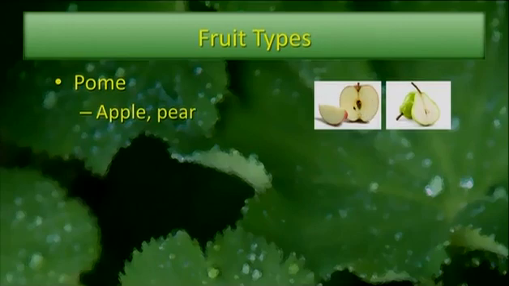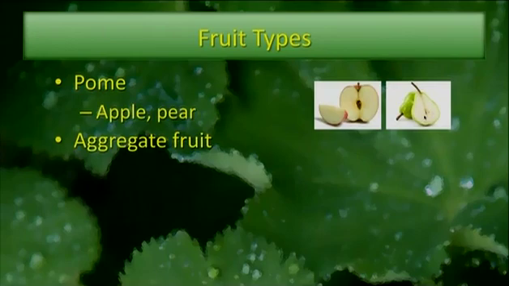This papery part here that we generally don't eat, with the seeds inside of it, is actually the ovary, just like this pear. So apples, pears, quinces, these are examples of pome fruits. This part is the part that we eat of a pear, and here's the part we don't eat, that's enclosed by the ovary wall.